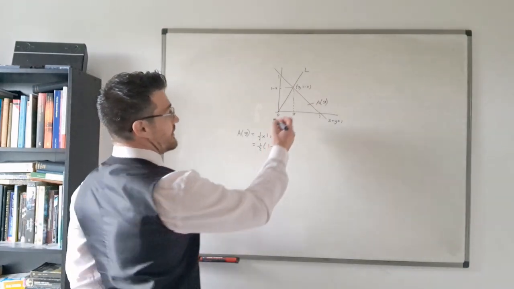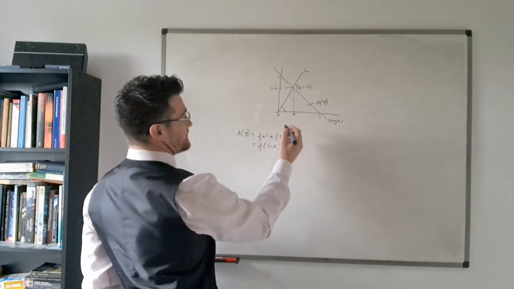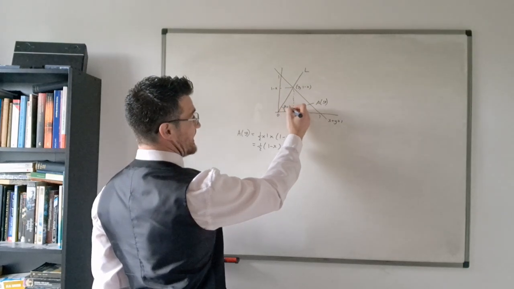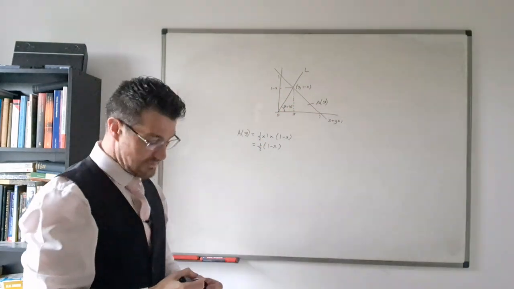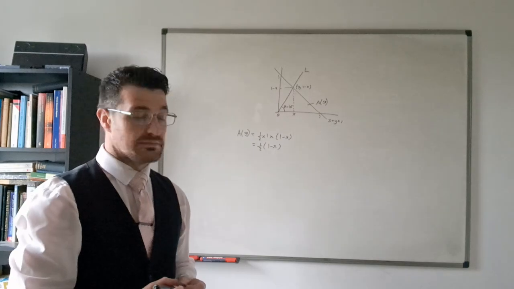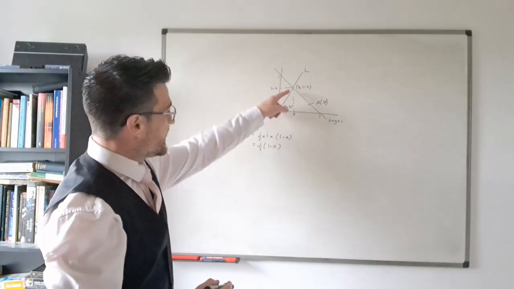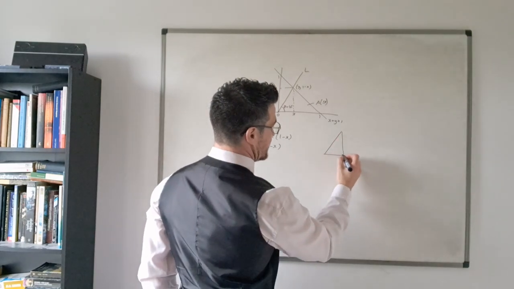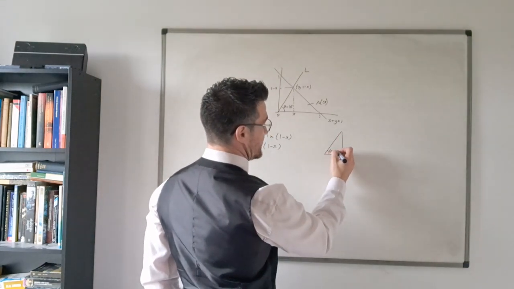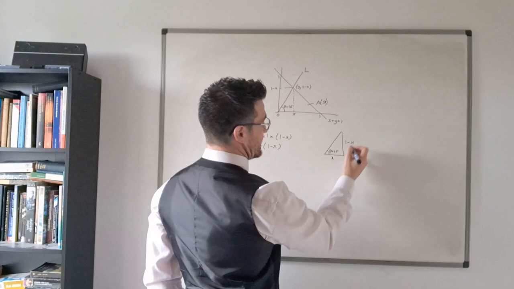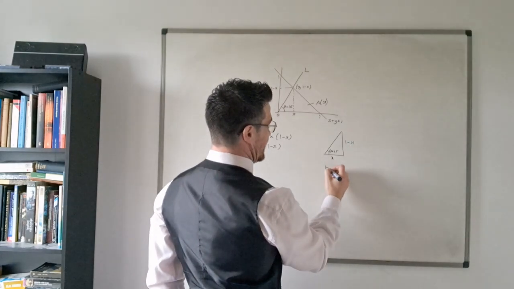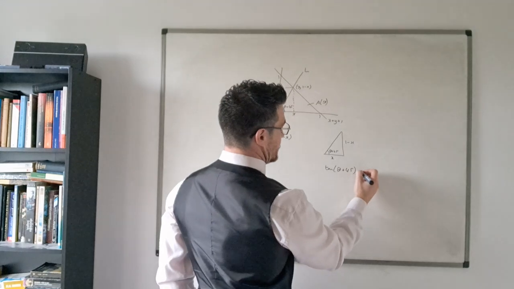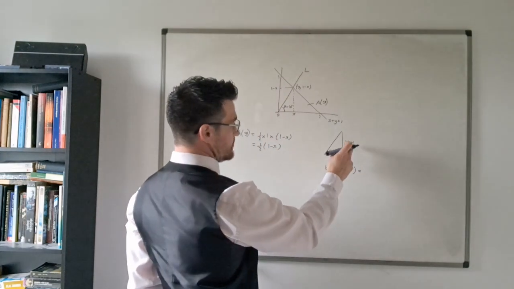And this angle here is theta plus 45. It's not theta. It's theta plus 45. So we've got a right angled triangle here. Nice right angled triangle, theta plus 45, x, 1 minus x. So what I get is that tan of theta plus 45 is equal to, what's it equal to?